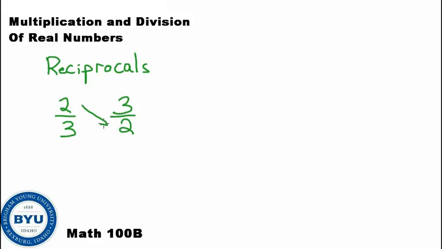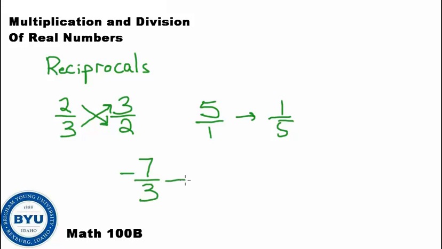We would just flip those values. The reciprocal of 5, you could think of 5 as being 5/1, and so the reciprocal of 5/1 is 1/5. Or the reciprocal of negative 7/3, well, you just flip it, would be negative 3/7.